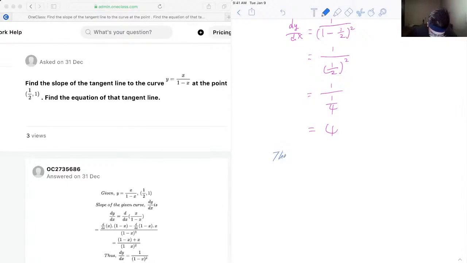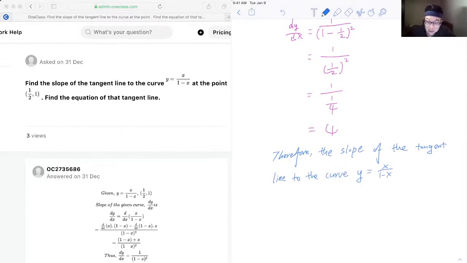Therefore, the slope of the tangent line to the curve y is equal to x over 1 minus x at the point 1 over 2, 1 is 4. Okay, so that's the first part of this question.